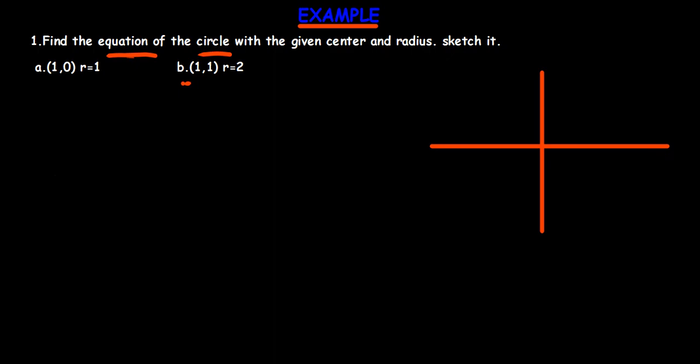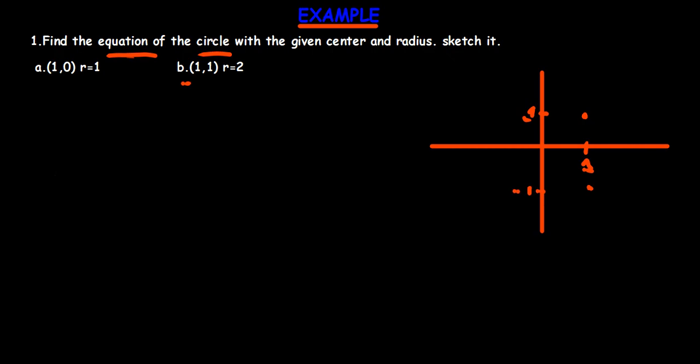So, 1 comma 1. If I have my 1 here in the x-axis, and in the y-axis, let's say my 1 is here, then 1 comma 1 will be my center. Then the radius: we are moving 2 away from it. If I move in a straight line vertically coming down from 1 to here, then at this point it is negative 1.